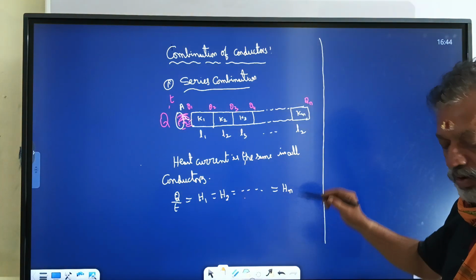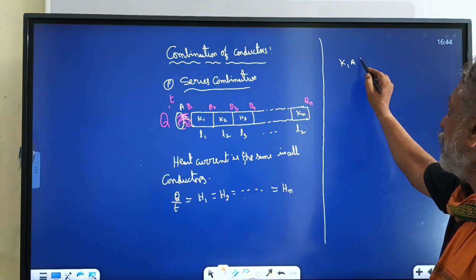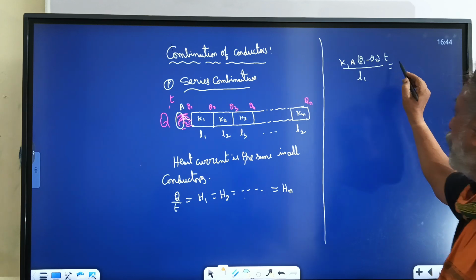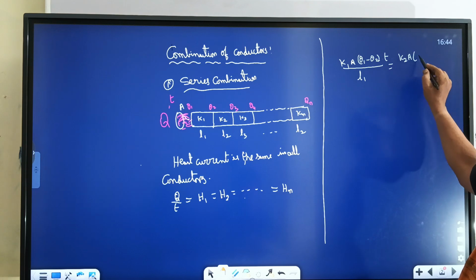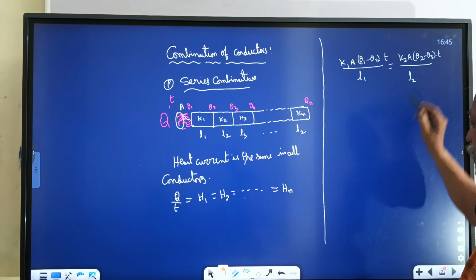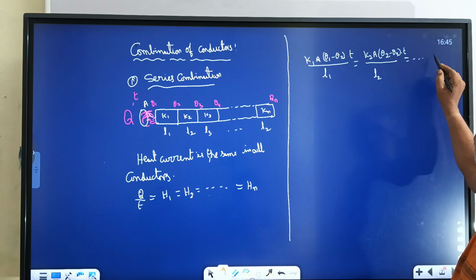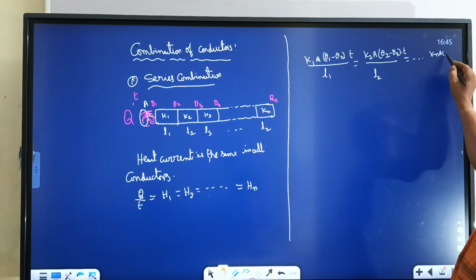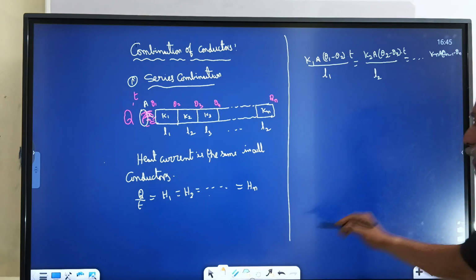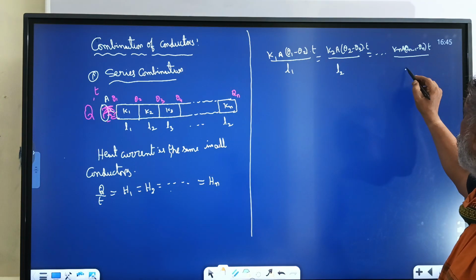Now what is the value of this? We can compare them one by one. H1 is K1 A into theta1 minus theta2 into time t divided by L1, which is equal to K2 A into theta2 minus theta3 into time of flow t divided by L2, and that is equal to Kn A into theta n minus 1 minus theta n into t divided by Ln.